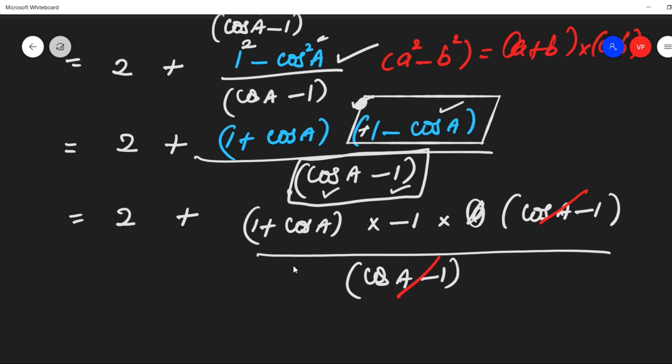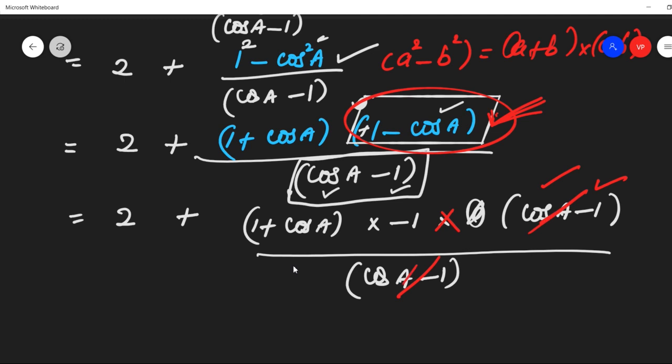Can you understand? Yes, we have cancelled. That is why you are taking the minus 1 outside. I am taking the minus outside here, so this cos becomes negative and the 1 becomes negative. So it is cancelled.